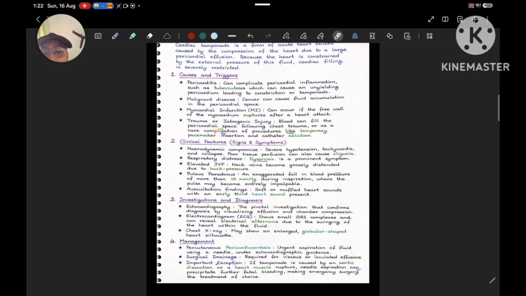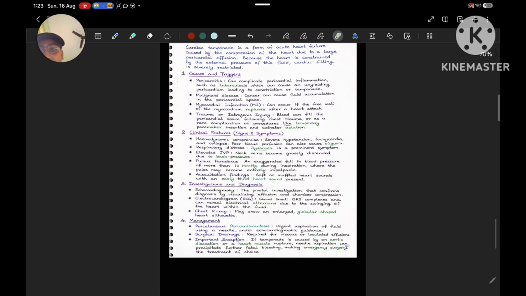Or as a rare complication of a procedure, there are many surgical procedures which may precipitate cardiac tamponade following pericardial effusion, like temporary pacemaker insertion. Any error in this procedure may precipitate pericardial effusion and thus cardiac tamponade. Another cause is catheter ablation. These are the iatrogenic injuries.